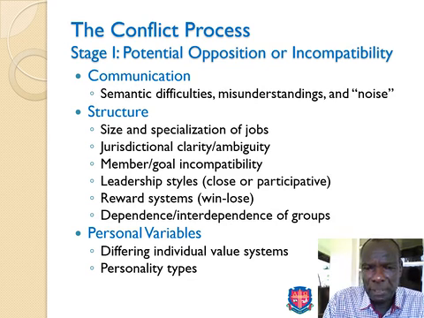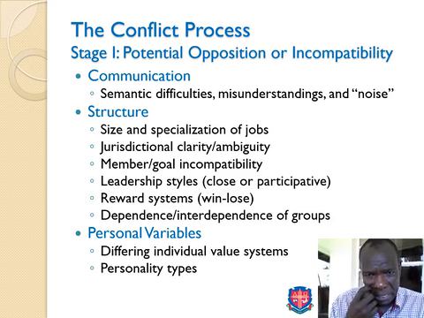So the conflict process begins at stage 1, where we have potential opposition or potential incompatibility. And as we have just seen, it could be at the level of communication, it could be at the level of the structure, and it could be at the level of personal variables.